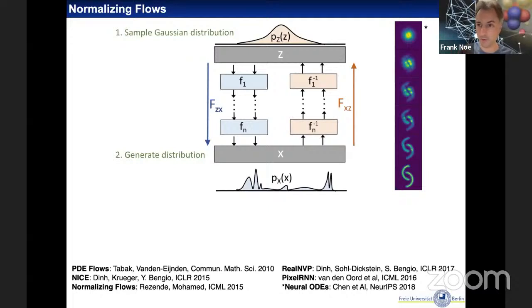So a normalizing flow is very often, at least, a neural network. Doesn't have to be a neural network, but typically it is. That is invertible.